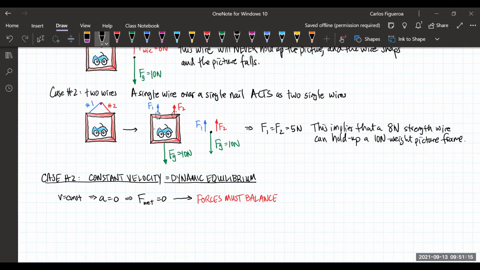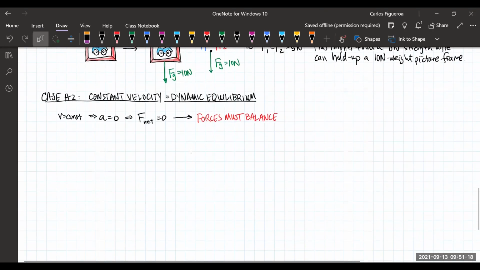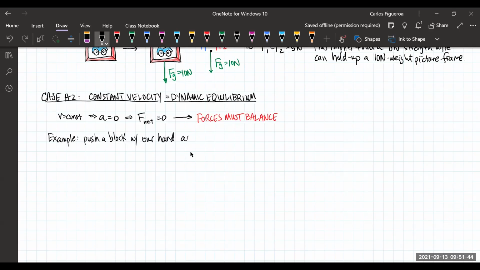So let's look at some examples to try to see if we can make this clear. So as an example here, suppose we push a block with our hand across the table.